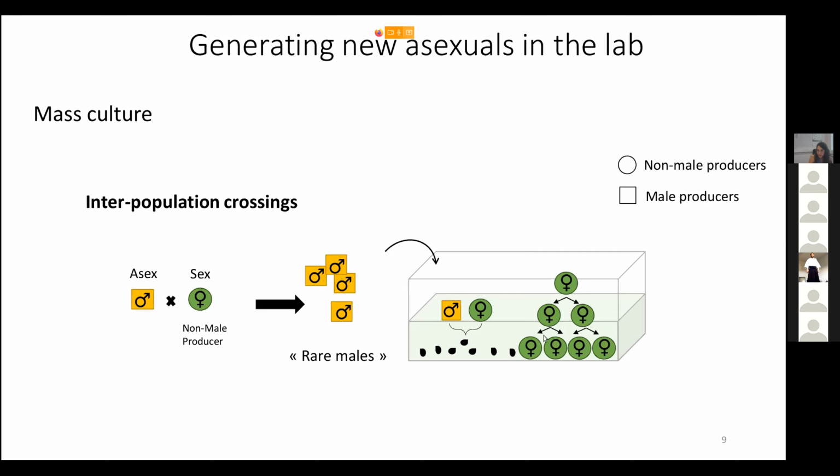But because here she is sexual, the ephippia would be empty. Then we manually add rare males, or asexual males, into the culture, which allows us to be sure that any full ephippia would come from an event of sex-asex cross-mating.